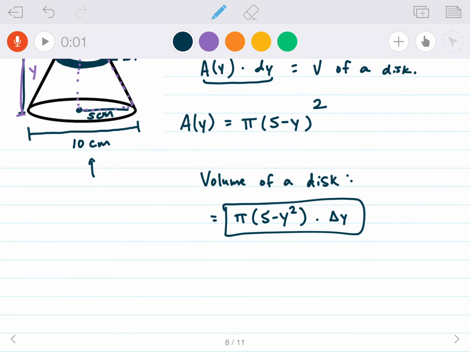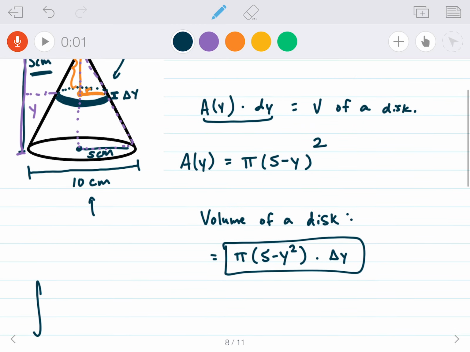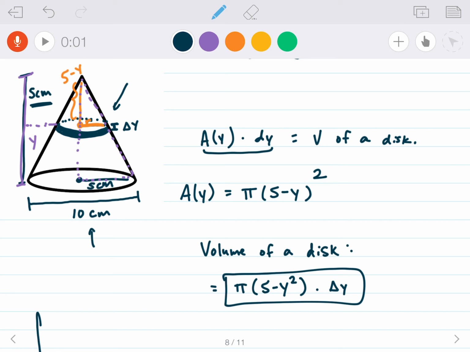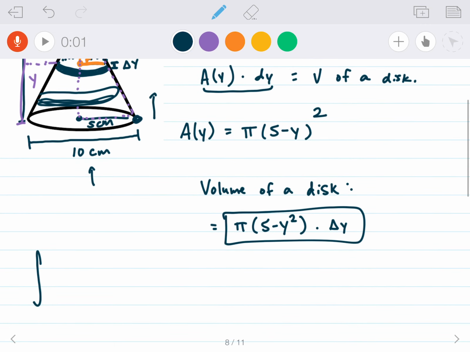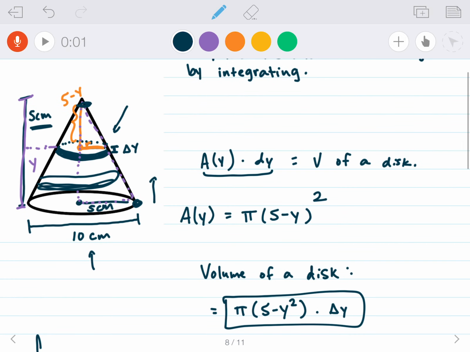So what am I integrating with respect to? Well, I'm integrating with respect to y. I'm adding disks along this y-axis. I'm starting at the bottom, and I'm just moving up until I get to the very top right here. So I'm starting from 0 until a height of 5 centimeters.